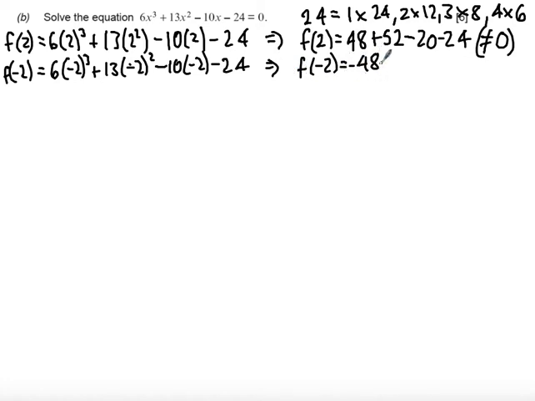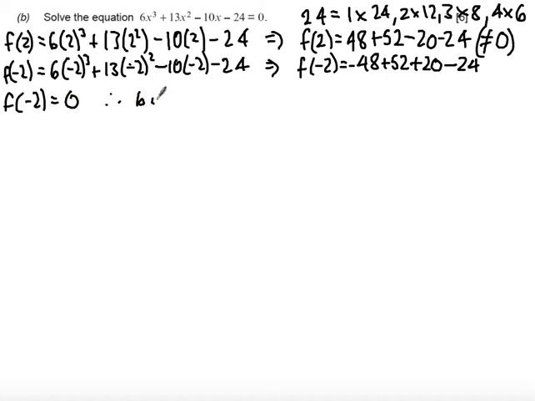I get plus 4 times 13, so I get plus 52. Minus 10 times minus 2 gives me plus 20. And we get minus 24 at the end. And on this one, I can see 52 plus 20 is 72, and minus 48 plus minus 24 is minus 72. So f of minus 2 equals 0.